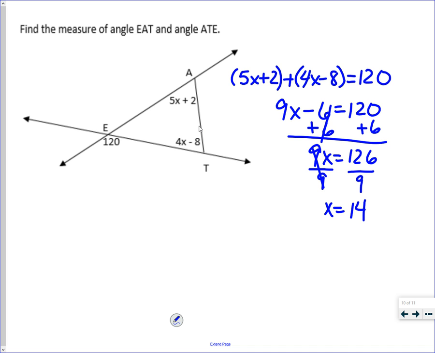If the x is 14, then I would have 5 times 14, which would be 70, plus 2 is going to be 72 degrees. And 4 times 14 would be 56, minus 8 would be 48 degrees. And if I would add 72 plus 48, it does give me that 120 degrees.